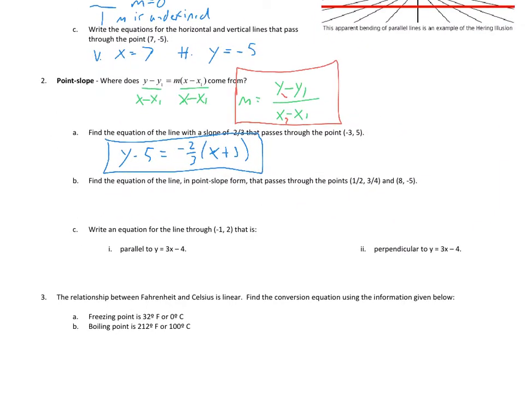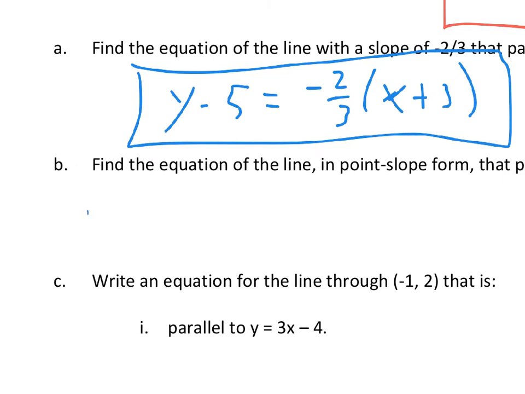Okay, now b is the same question except we need the slope first. So let's find our slope. Our slope is equal to -5 minus 3/4 over 8 minus 1/2. Or you could write 3/4 minus -5 over 1/2 minus 8 if you really wanted to.